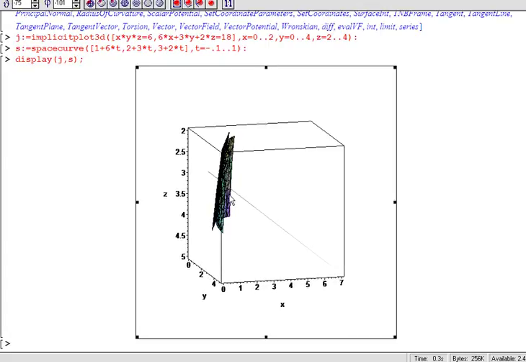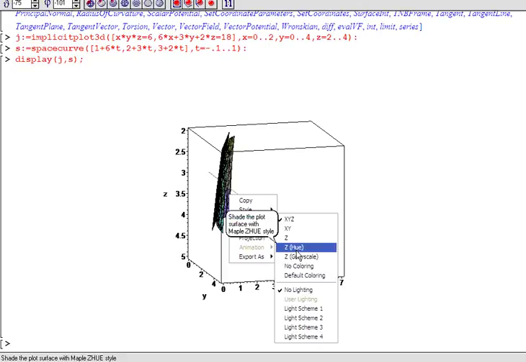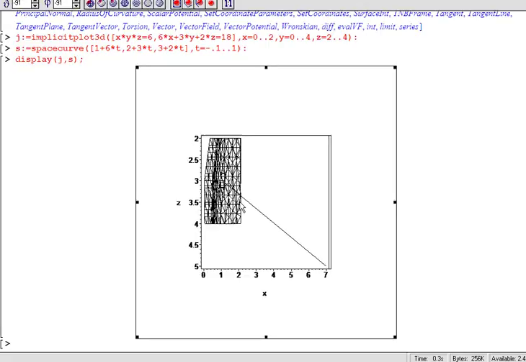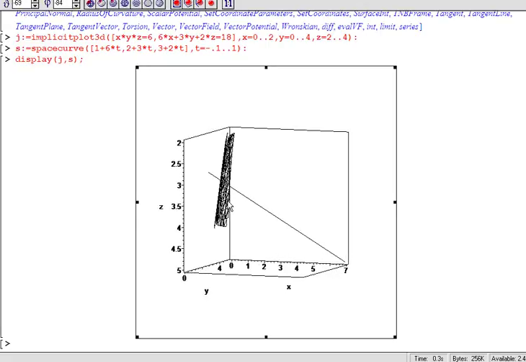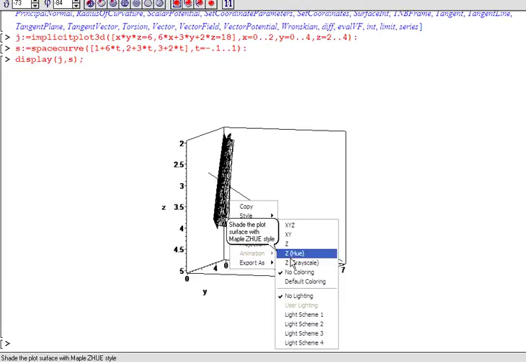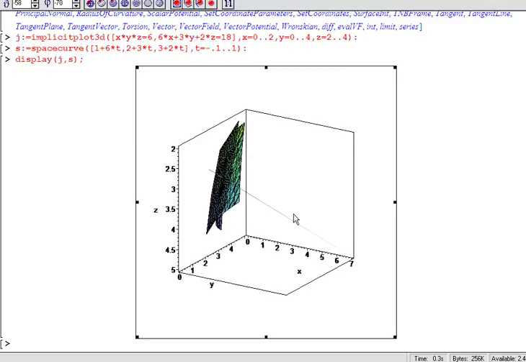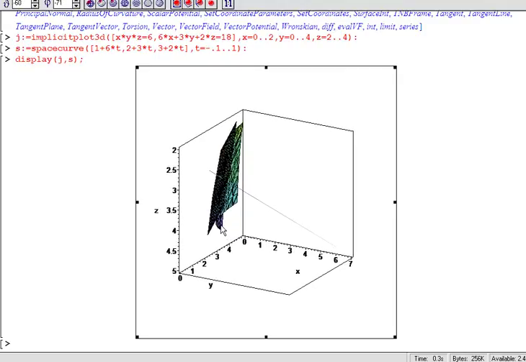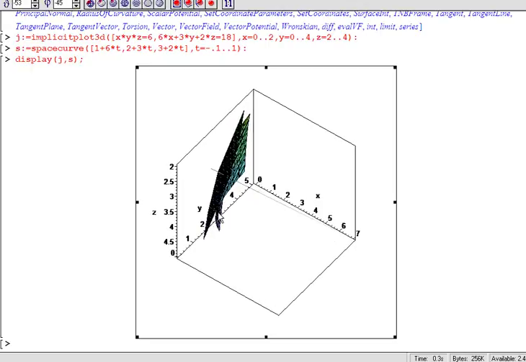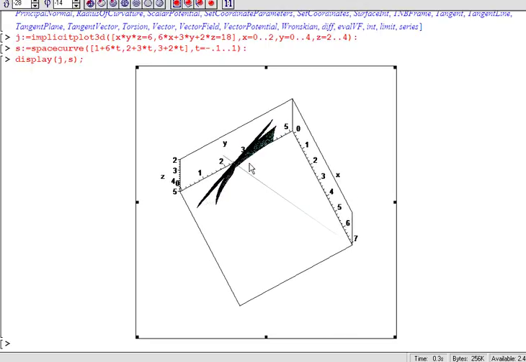Let me see if it's easier to see if there's no color on it. Let's just go back to the regular color. So there's a good picture. You can see the tangent plane. The tangent plane's flat, there's a surface, and then the normal line coming out of it.